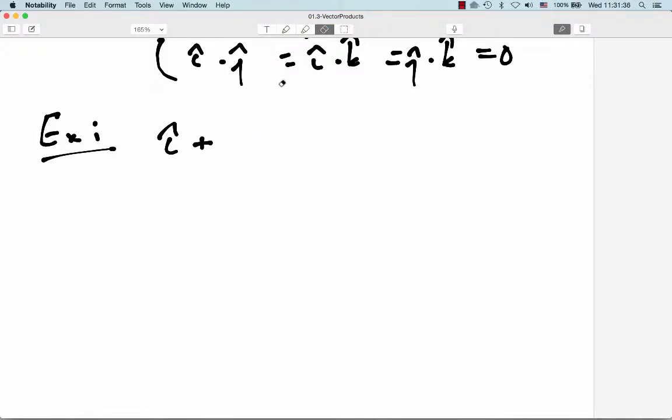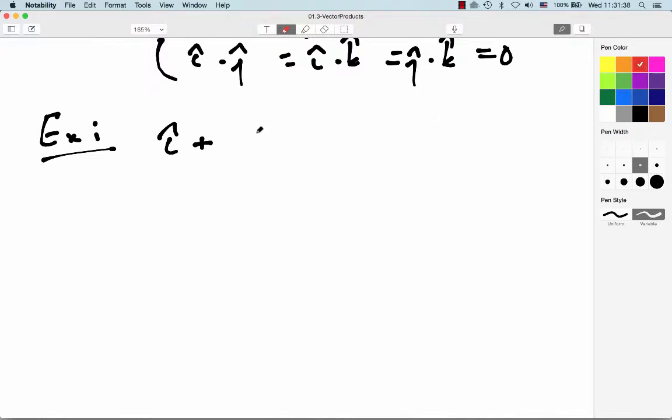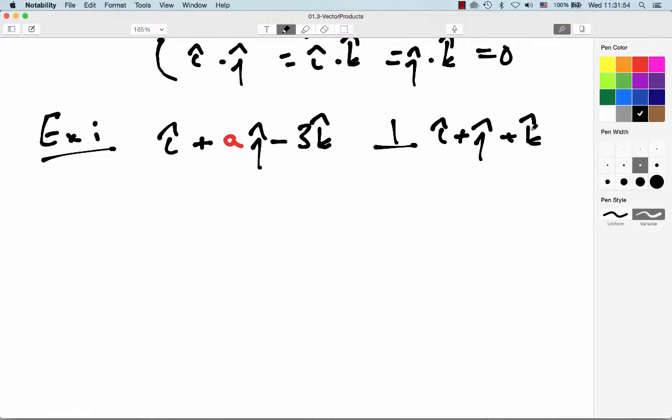Actually, I should probably make my unknowns red, shouldn't I? There we go. And we require that it be perpendicular to i hat plus j hat plus k hat. Now there'll only be one value of a for which this will work, so let's go ahead and find it.